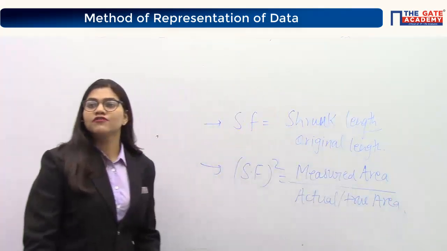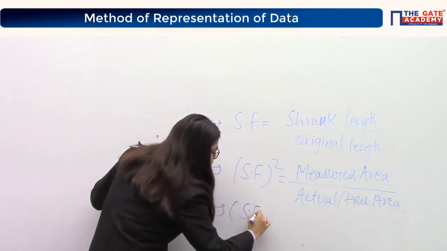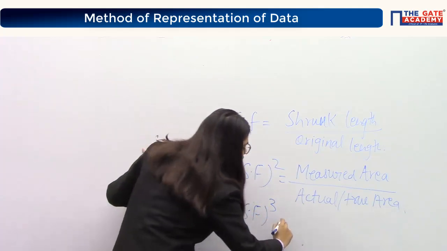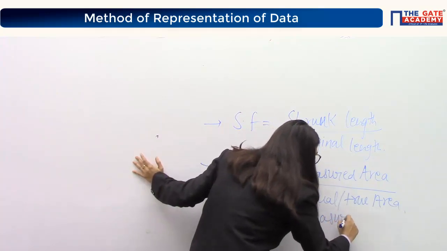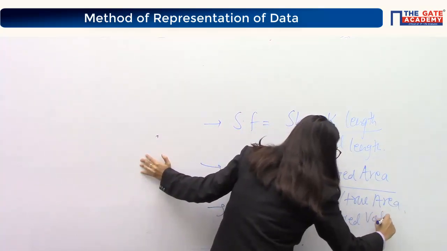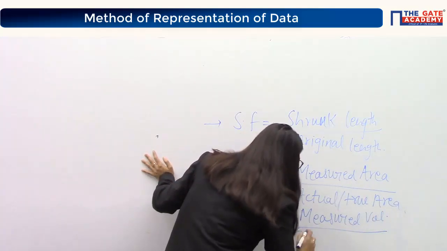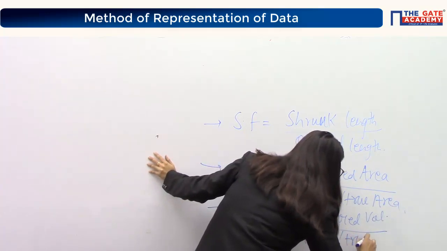And if you talk for volume, it will be cube of shrinkage factor, measured volume divided by actual or true volume.